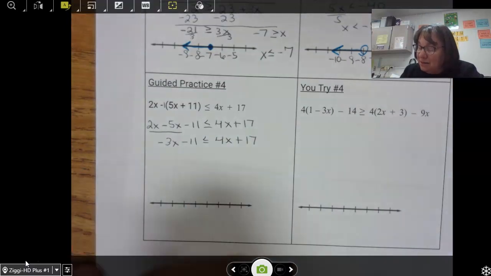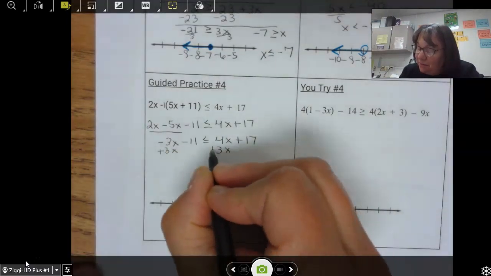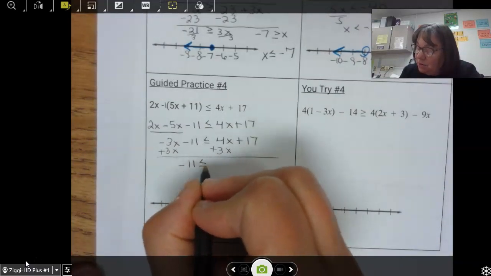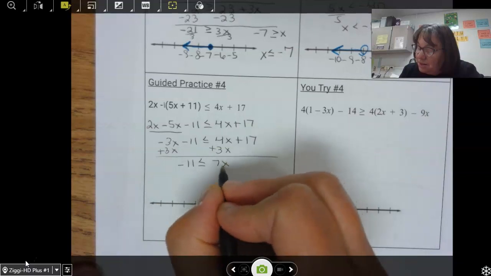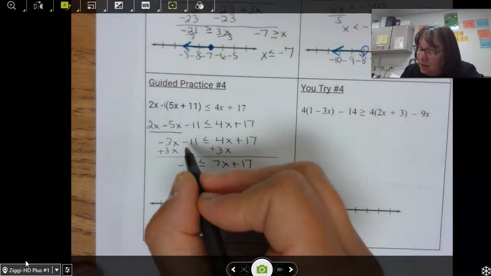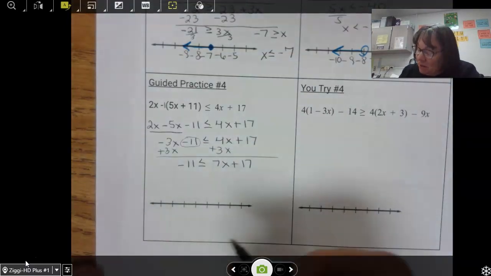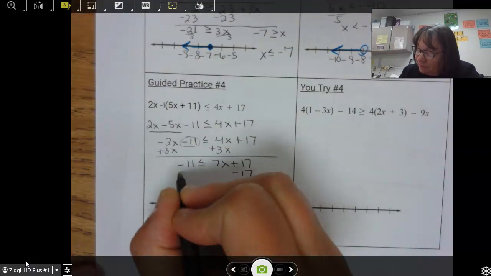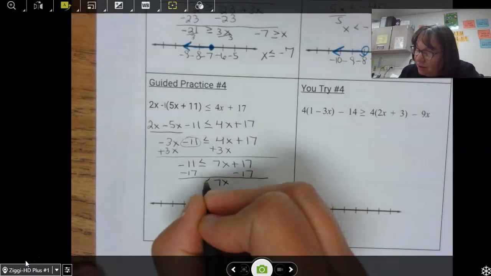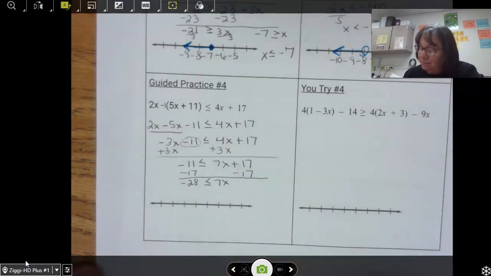Okay, I want to put my x's on one side, so let's add 3x. That way we have a positive x to work with. I have -11 is less than or equal to 7x plus 17. Remember that your sign comes down with the number behind it. We're going to subtract the 17, and we have 7x is greater than or equal to -28.